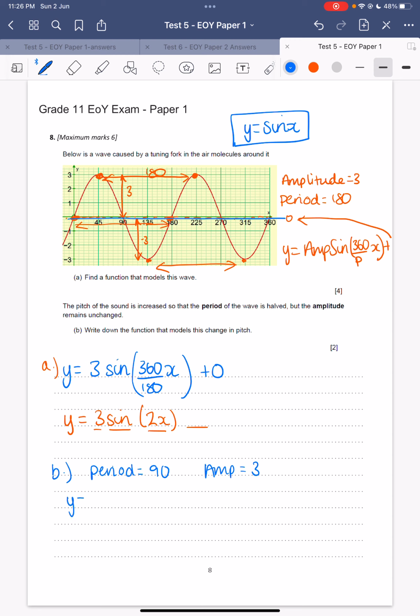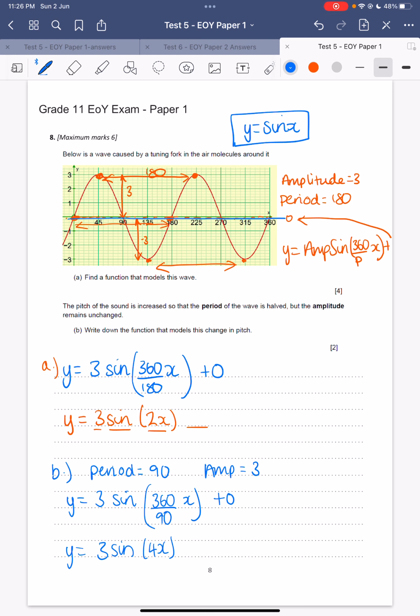So this time we have y is equal to 3 sine of 360 divided by 90 of x, then plus 0. When we simplify that, it's 3 sine of 4x plus 0, or we just leave it as it is.